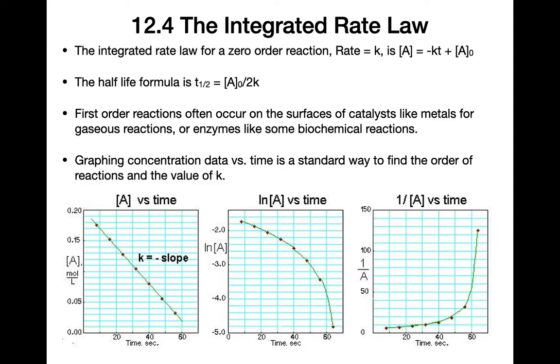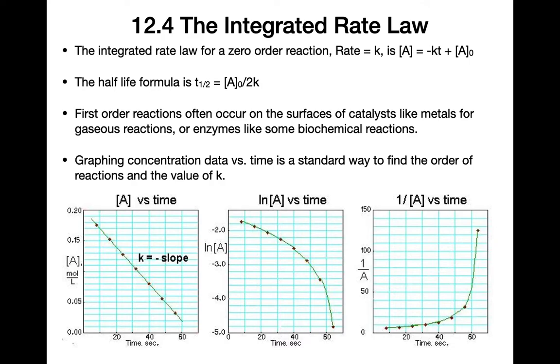So graphing your data versus time is a standard way to find the order of the reaction and also the value for k. So you can get both the k and the order. So we've got two approaches now for finding k and for finding the order of the reactant.